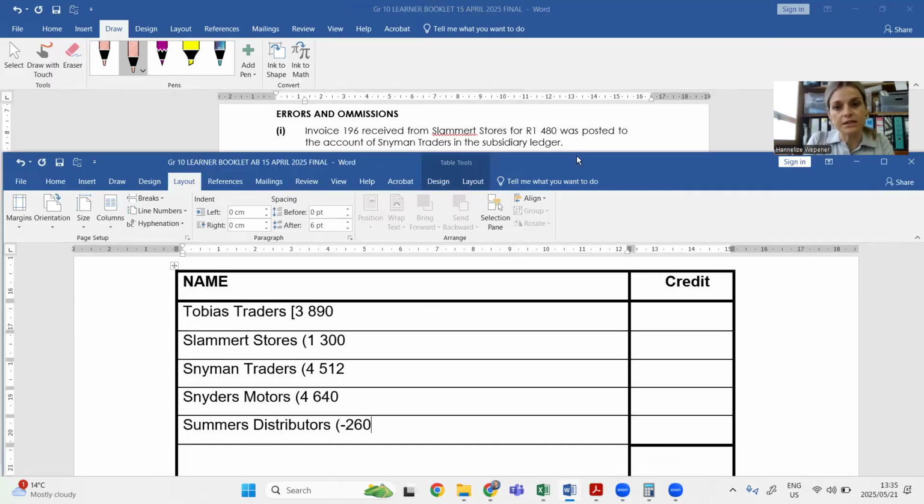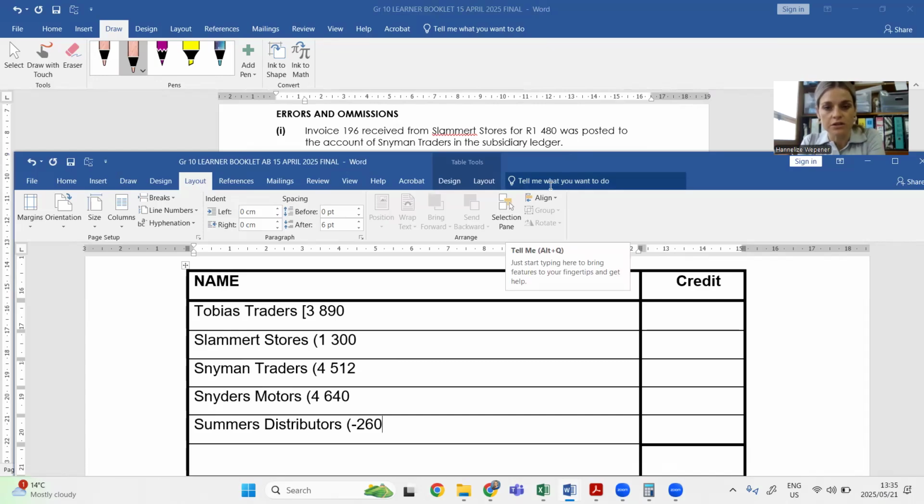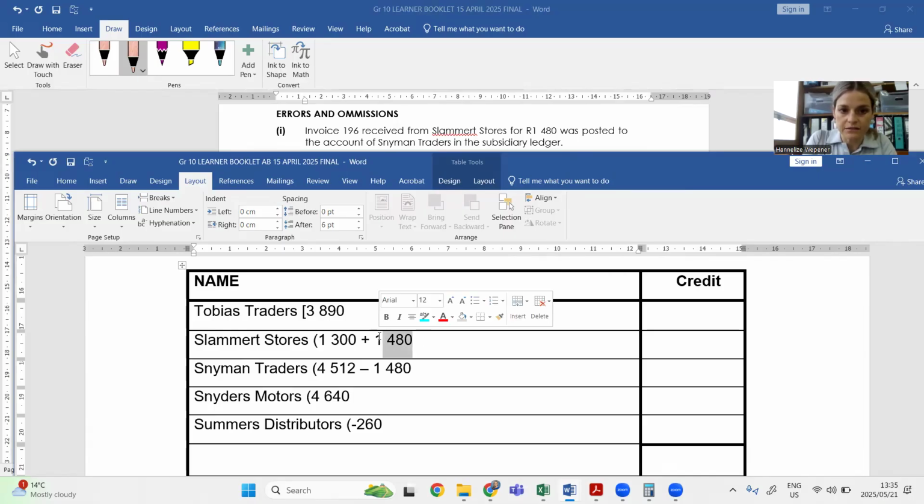However, when we posted this to the individual creditors accounts, we said that the invoice that we received from Slammed Stores was one for Snyman Traders. So we just need to remove it from the incorrect creditors account and take it to the correct creditors account. Right, so received from, therefore it must be in his account. It was not from this person or the supplier's account.